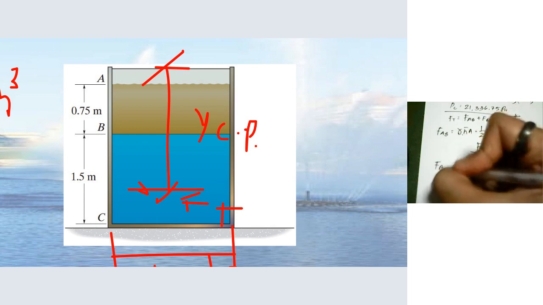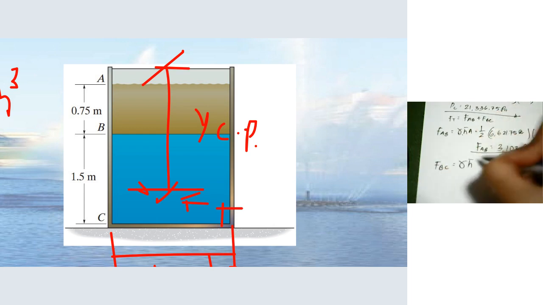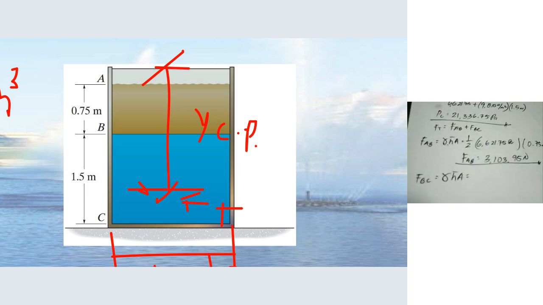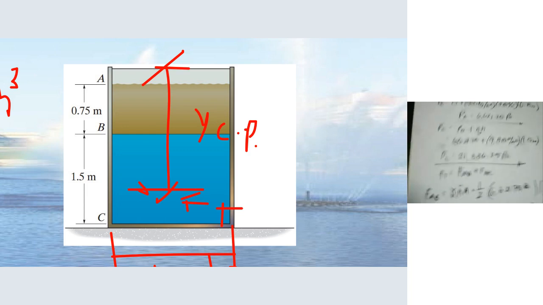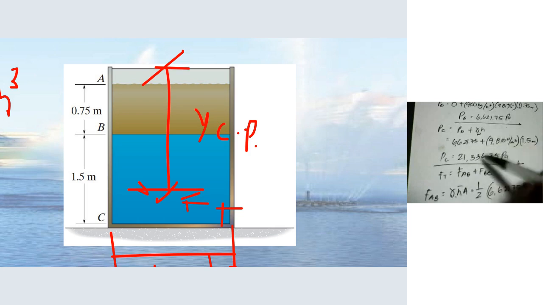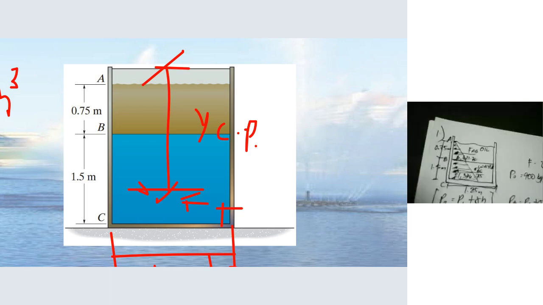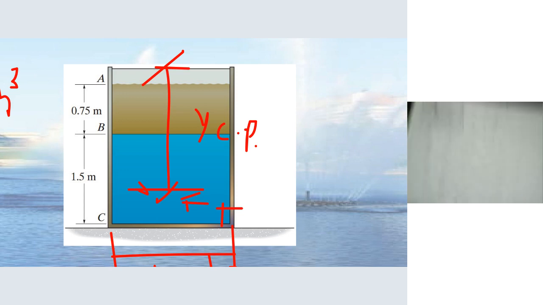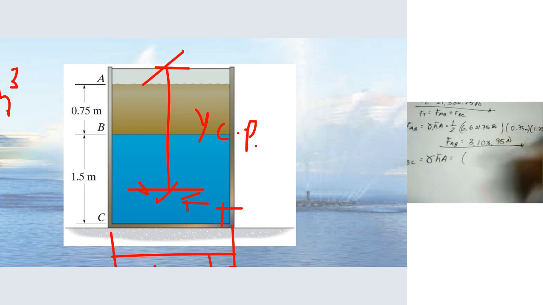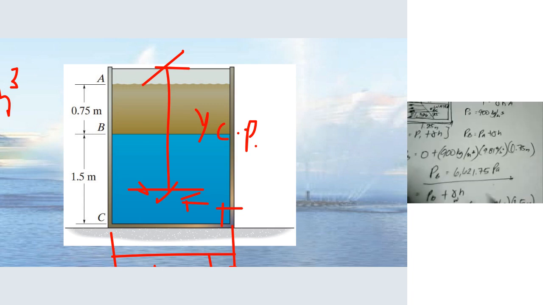So F sub BC, same formula, gamma H bar A. So we'll have to add these two pressures. Okay? Kasi on top of ang kinukuha natin for sa water, on top of what the water, meron pa tayong oil. So we have to add those two pressures.